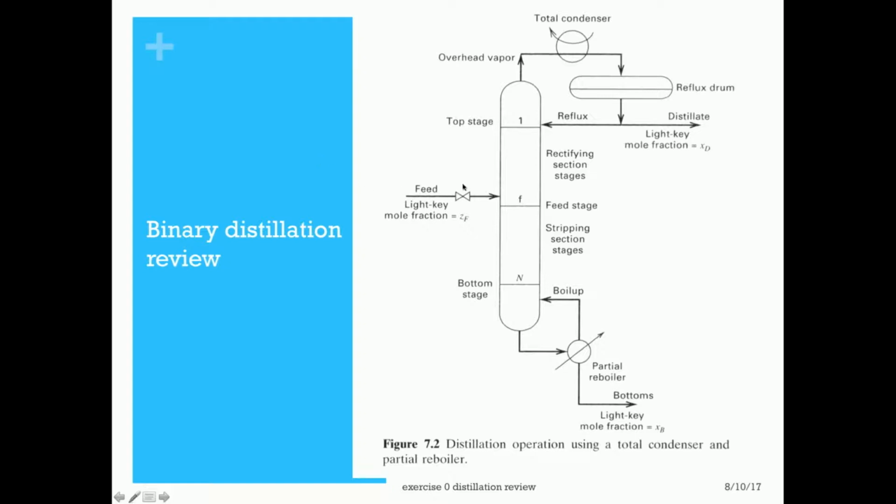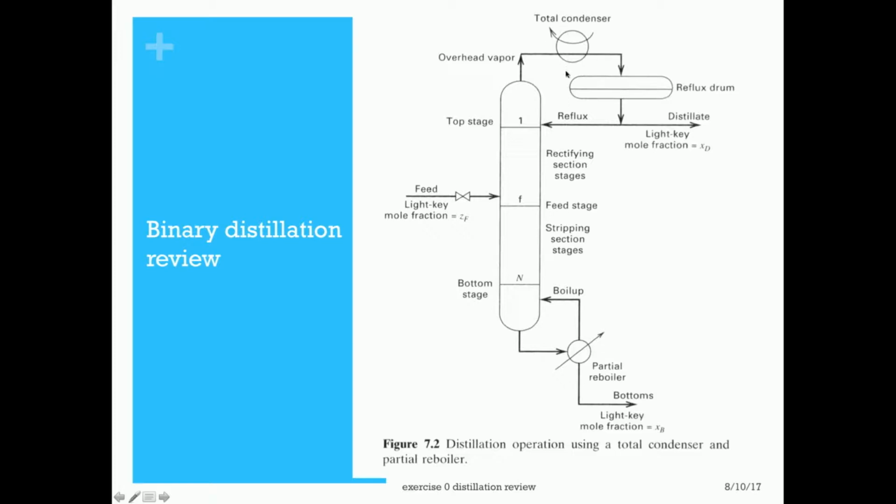Here is a typical distillation column with stages. I'm showing you a ChemCAD simulation picture now. The top stage is labeled as 1. The bottom stage is labeled as N, so the stage numbers increase from top down to the bottom. The feed is going in someplace in the middle, and we'll denote the mole fraction of the light key in the feed as Z. At the very top, the overhead vapor is going to a total condenser.